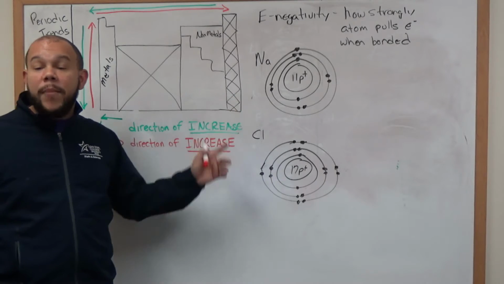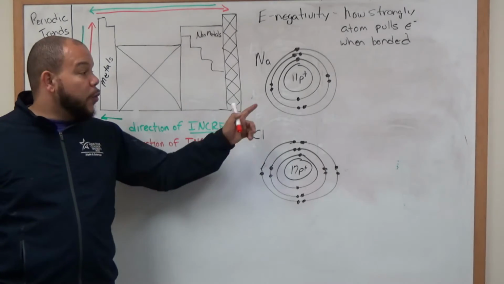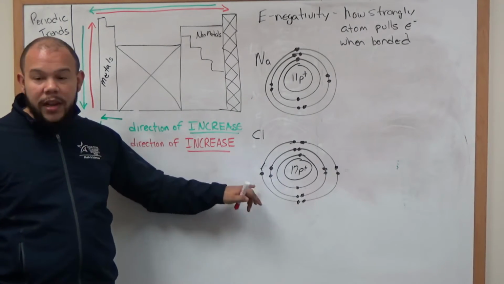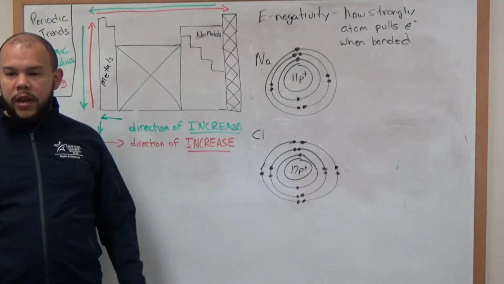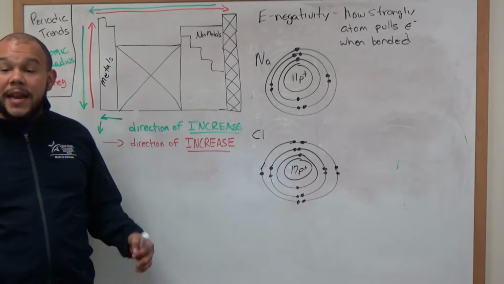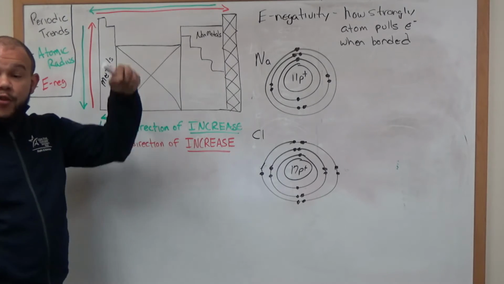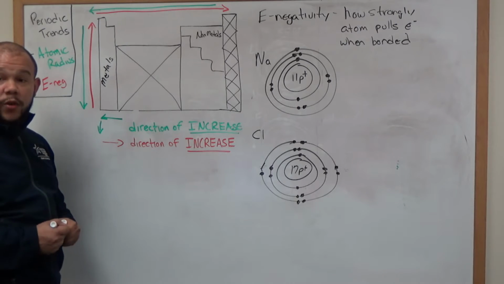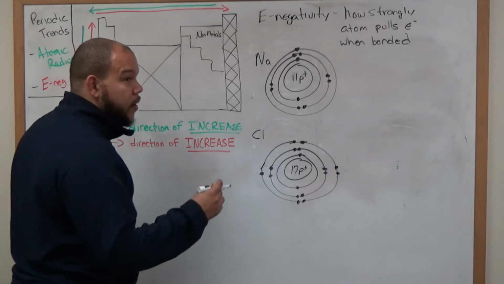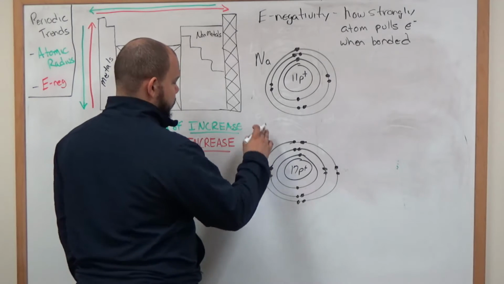So if we had to compare two, we would say chlorine has a higher electronegativity than sodium because of the trend. Now, if we wanted to look at the trend up and down, let's go with potassium.